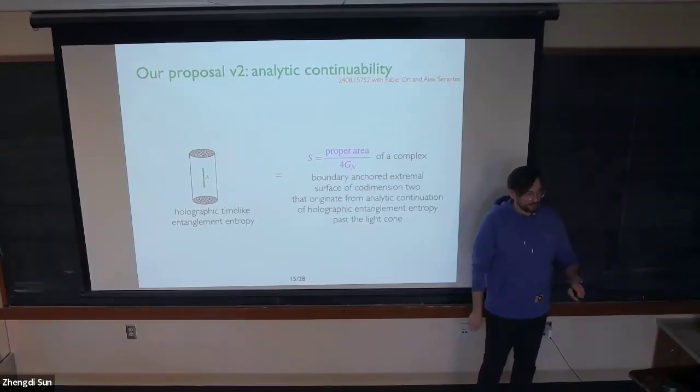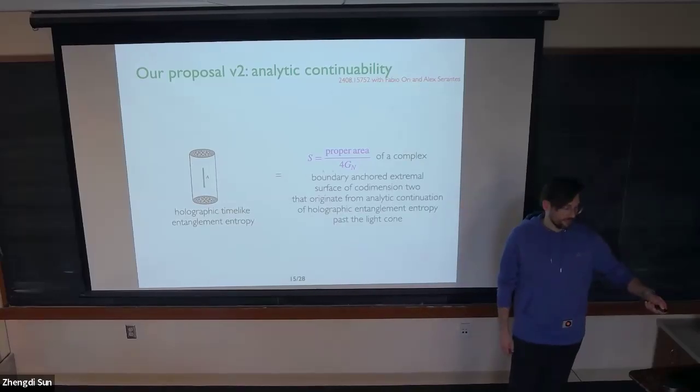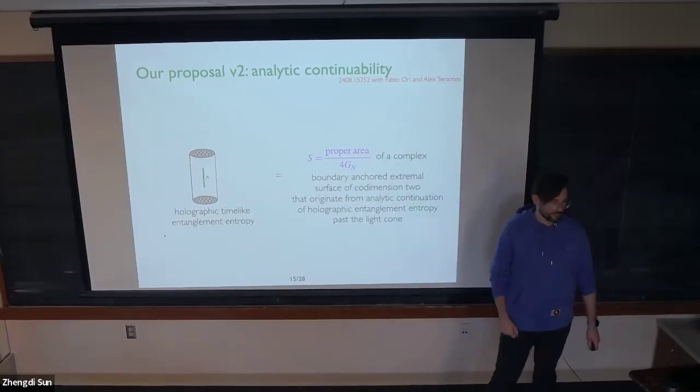And this led us to the possible second refinement of this prescription, which is to make an additional condition that whatever surfaces you consider in this time-like case, all of them are analytically continued from the space-like domain, from the surfaces that you would consider as contributing to holographic entanglement entropy.